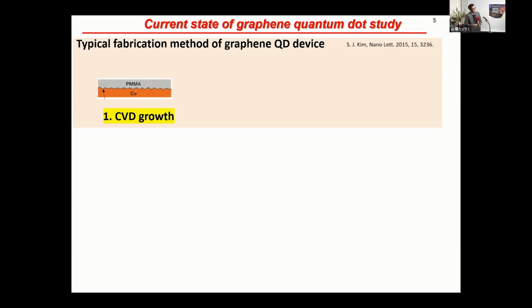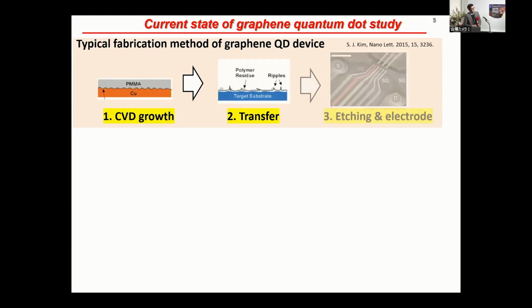Then this CVD graphene needs to be transferred to a specific substrate like silicon to form the devices by using the polymer capping method. And then we do etching to form nanostructures which are useful for our quantum dot devices, and put electrodes on to control carrier confinement and the spin properties.